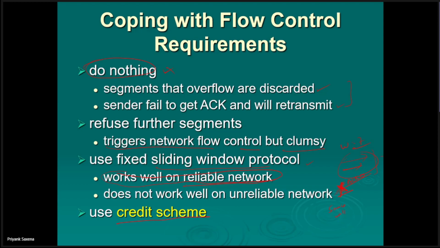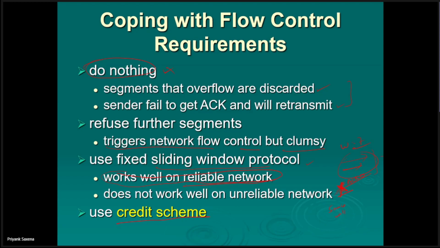That is a flaw in the sliding window protocol or stop and wait protocol: the receiver cannot acknowledge the received frames without allowing the sender to send new frames. So there is a credit scheme.